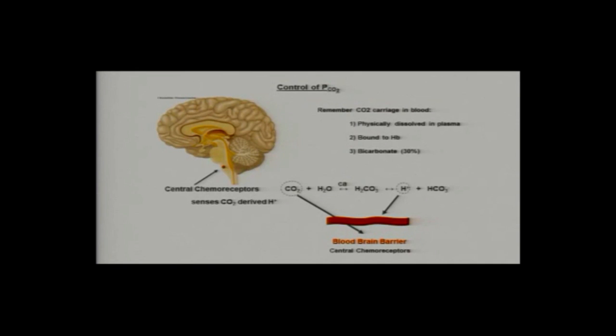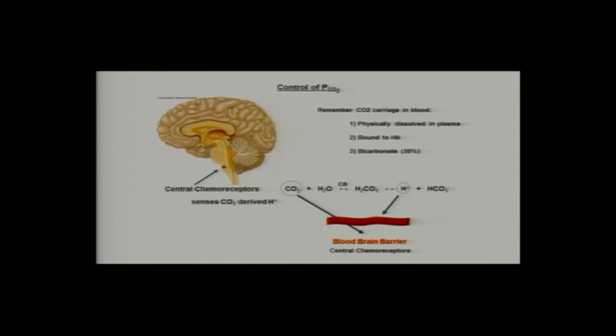The central chemoreceptors are actually located within the brainstem itself, within the respiratory center. So the same parts of the brain that help control breathing also contribute to this chemoreception.